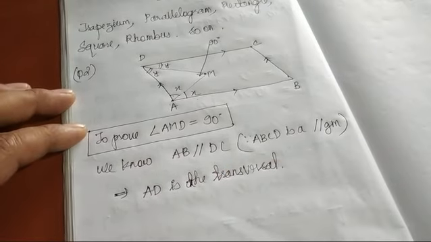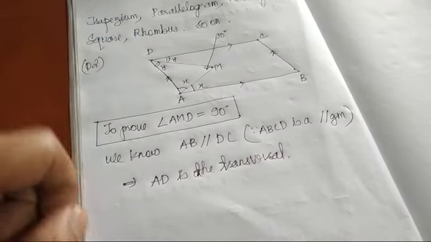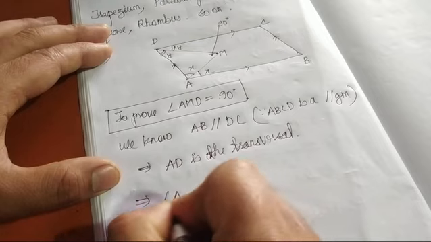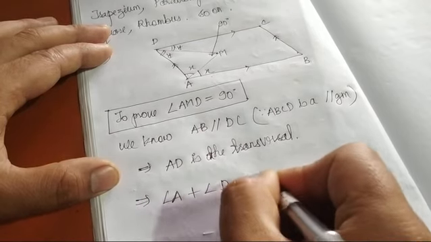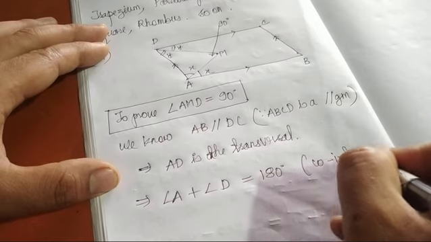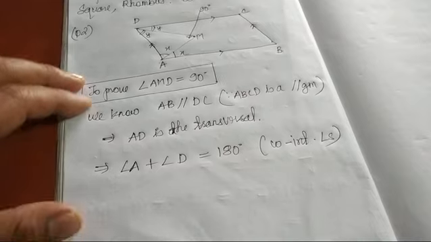The moment AD is a transversal, angle A plus angle D will be equal to 180 degrees. This implies angle A plus angle D is equal to 180 degrees, because the sum of co-interior angles is always 180 degrees in the case of parallel lines.